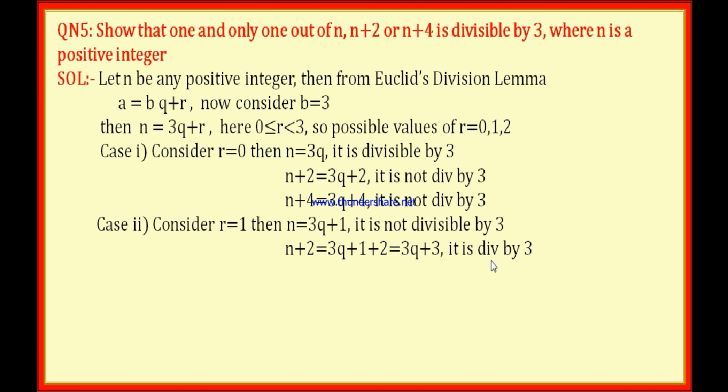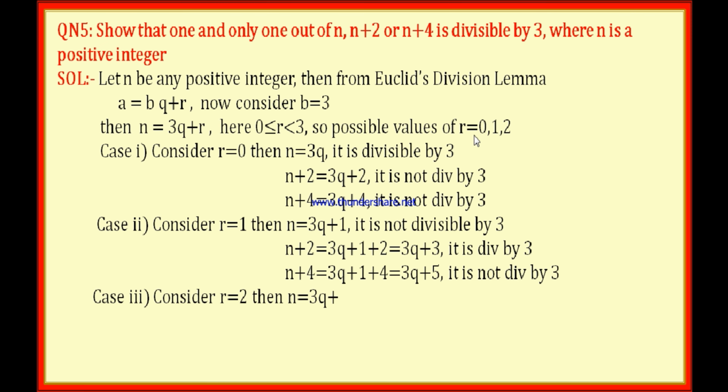Therefore, in total it is divisible by 3. And the third value is n plus 4, that is 3q plus 1 plus 4, which is 3q plus 5. Since it is plus 5, it is not divisible by 3. Again, when r is equal to 1, out of n, n plus 2 and n plus 4, only one value is divisible by 3.